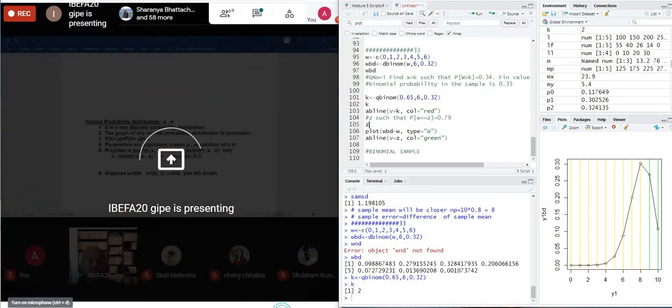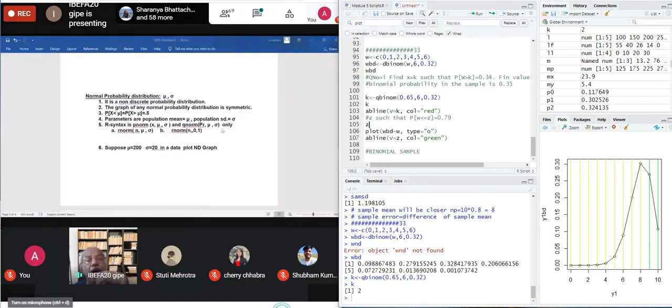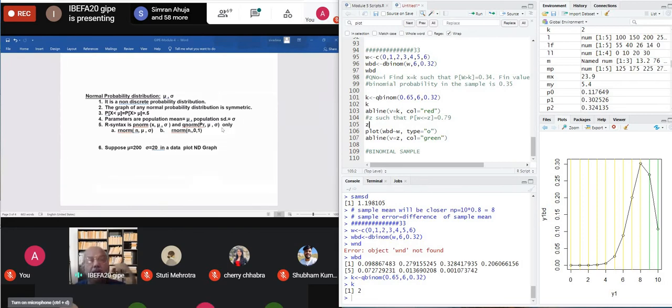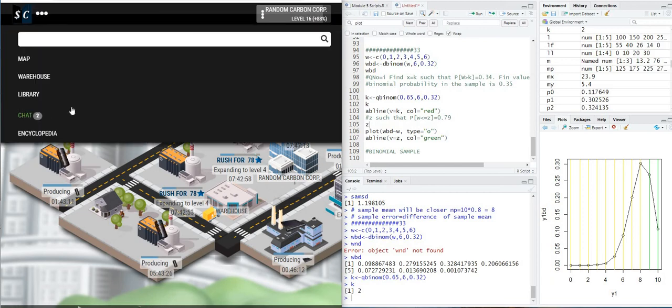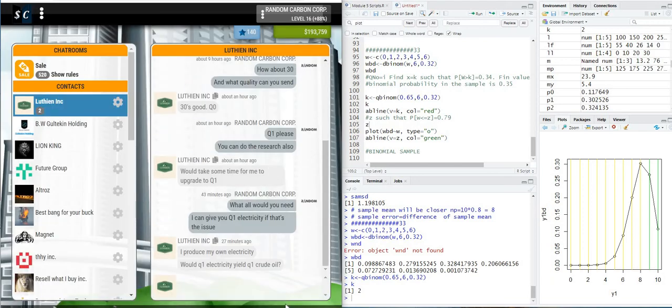Now see, the normal probability distribution is a non-discrete, measurable probability distribution. The graph of the normal probability distribution is always a bell-shaped, symmetric graph, and the point of symmetry is mu.